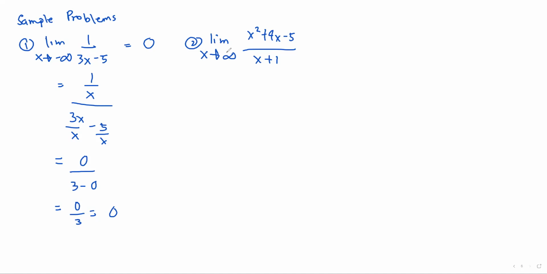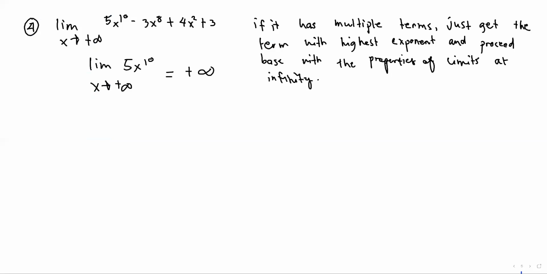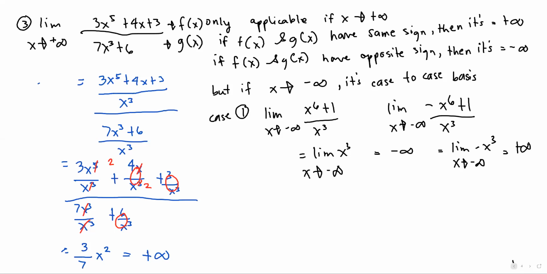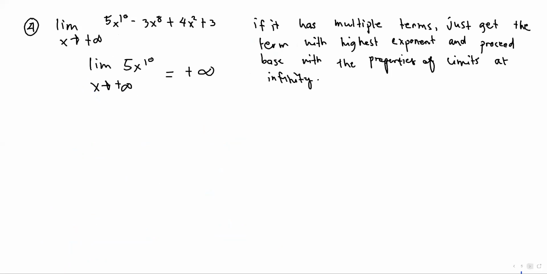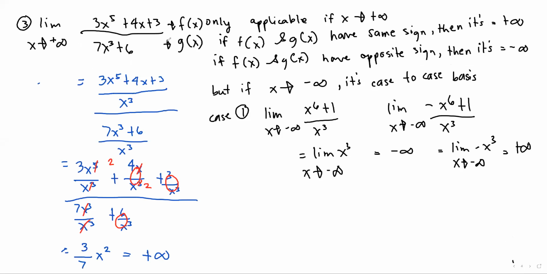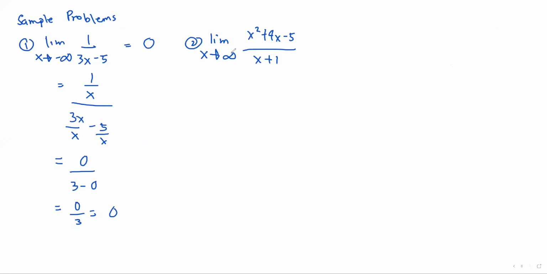Okay. So, check natin yung exponent, di ba? Mapapansin nyo, mas mataas yung exponent ng numerator natin. Kung mas mataas yung exponent ng numerator, balik tayo sa ano natin. Dahil positive infinity yan, final answer is positive infinity.